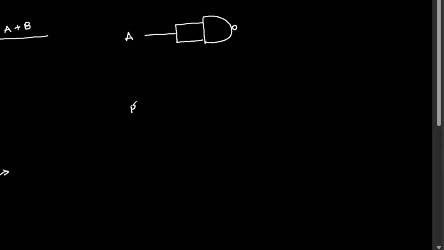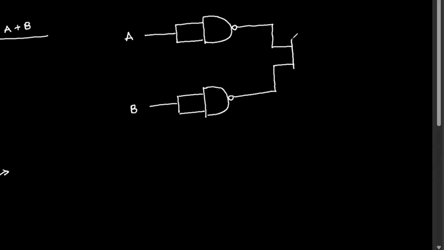Similarly for B also, we need a NOT gate, so we are creating it by using a NAND gate. Now we can pass them through another NAND gate, and the output will be equivalent to an OR gate.